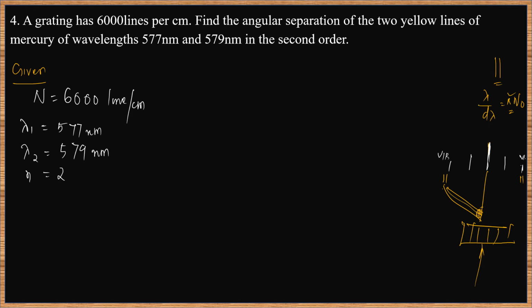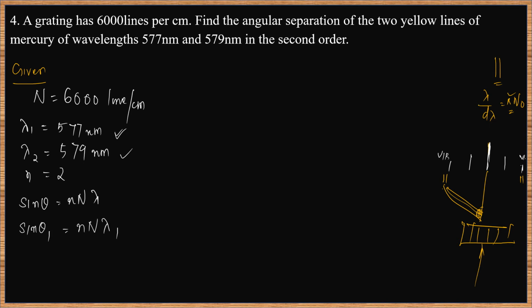We need to find the angle of diffraction for each line. So we write the grating equation: sin theta is equal to nNlambda. Suppose theta 1 is the angle which this yellow line makes with the normal, so sin theta 1 is equal to nNlambda 1.